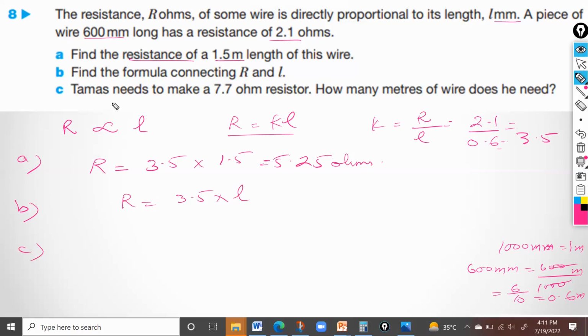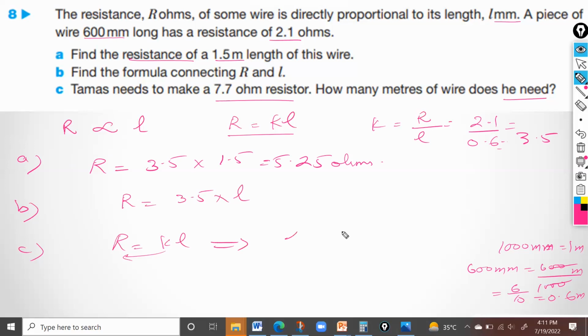C part. Thomas needs to make a 7.7 ohms resistor. How many meters of wire does he need? Now we check with the formula. Again, R equals K times L. This implies that K will go to the other side and it will divide.